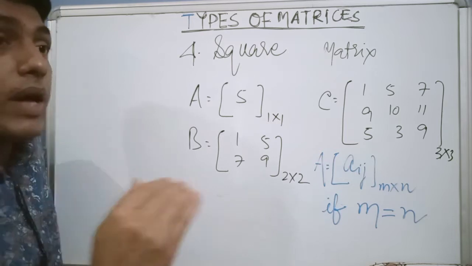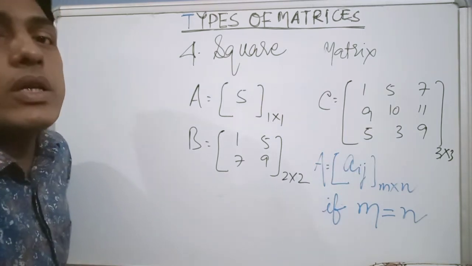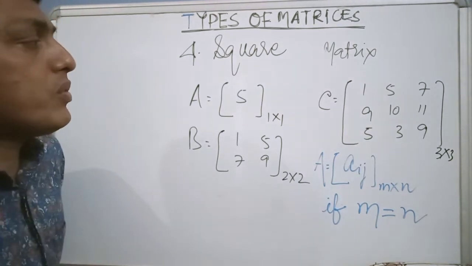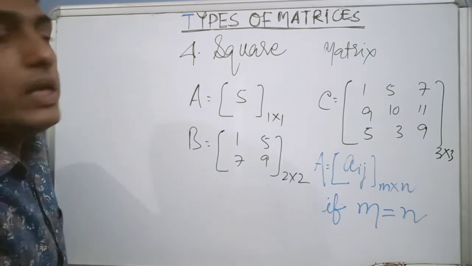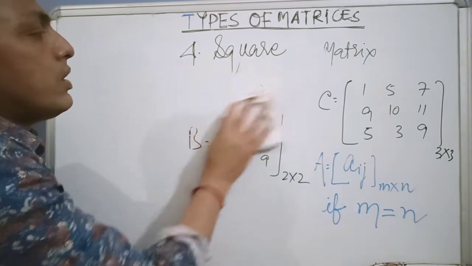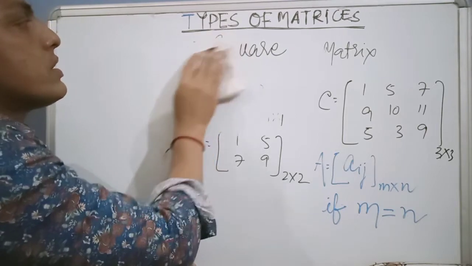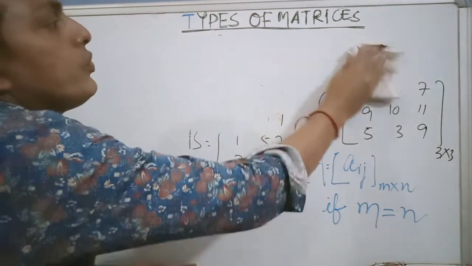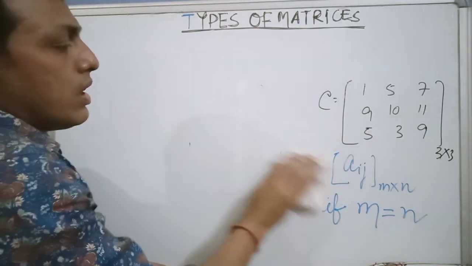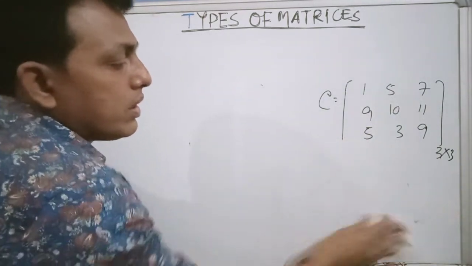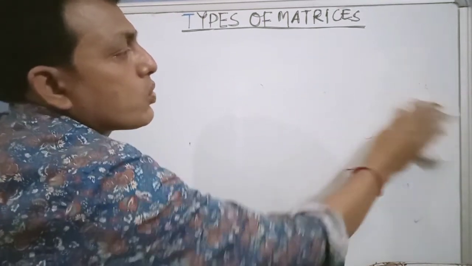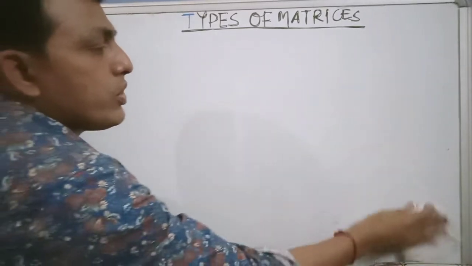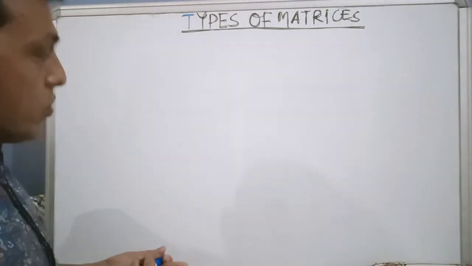So it is a very important matrix of the chapter, square matrix. So remember, a square matrix is a matrix whose number of rows and number of columns are equal. So in a square matrix, few things are involved. So we have to discuss those things also.